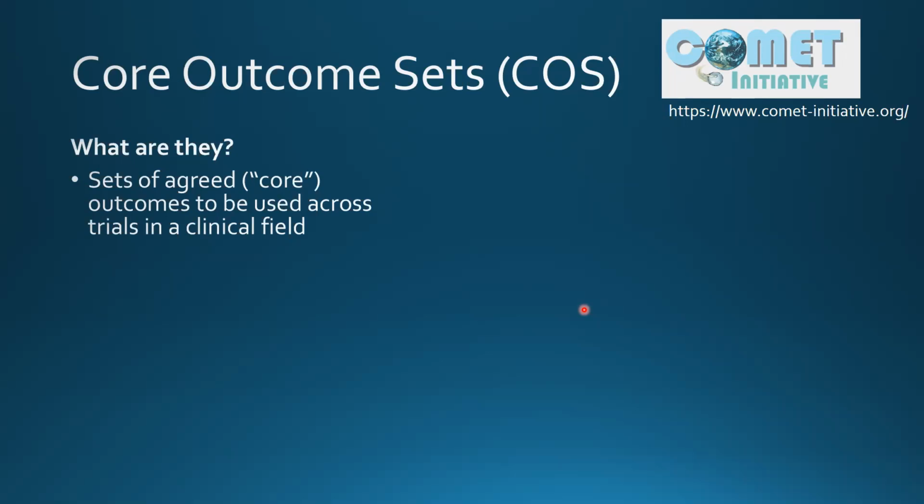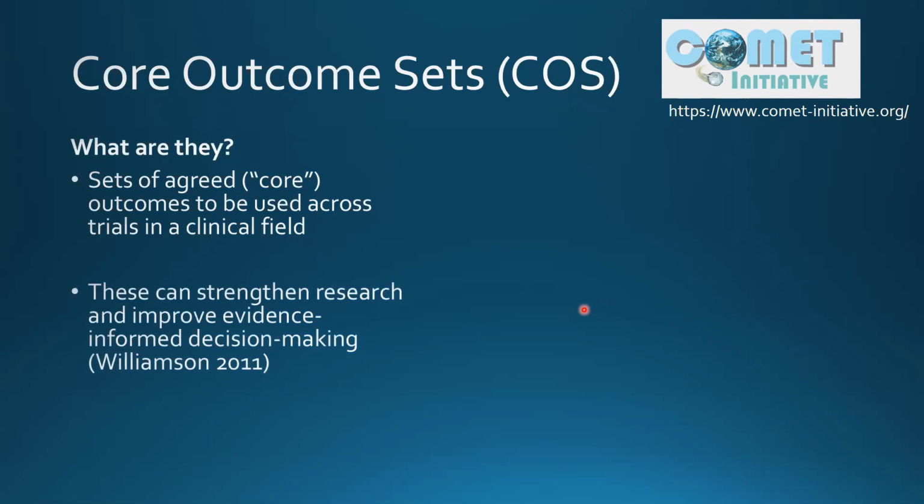And that can be complicated when you're trying to draw those trials together into a meta-analysis and understand effect sizes. And so in many areas of healthcare, there are moves to try and develop core or agreed outcomes that could be used across trials so that we could more easily combine that research evidence.